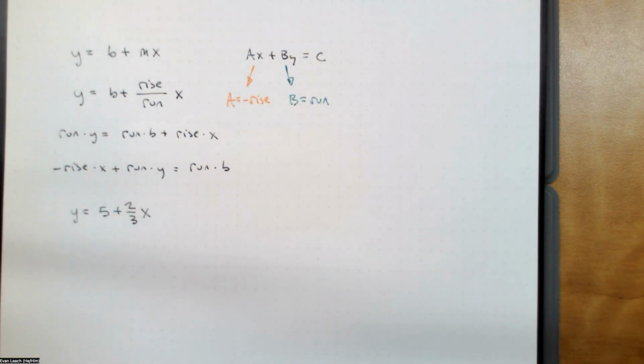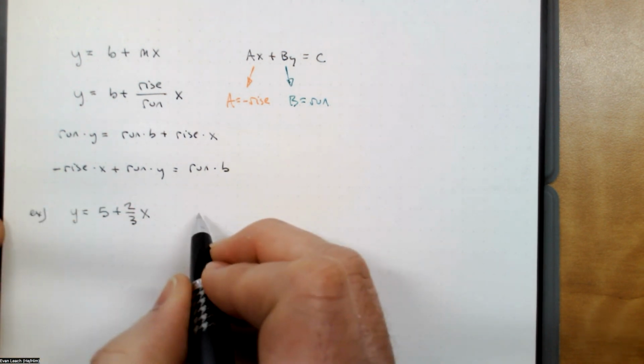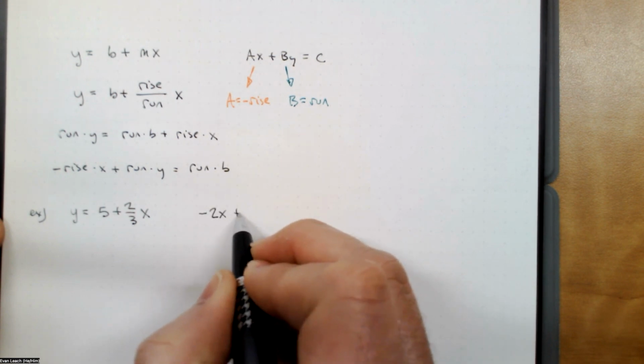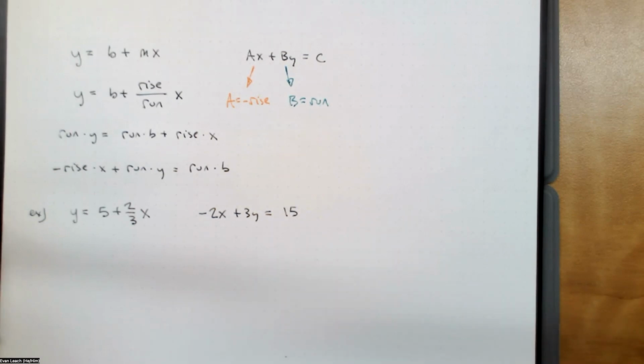If I write this equation in standard form, we'll multiply by 3 and subtract 2x. We'll get -2x plus 3y is equal to 15. Let's draw the line with the slope of 2/3.